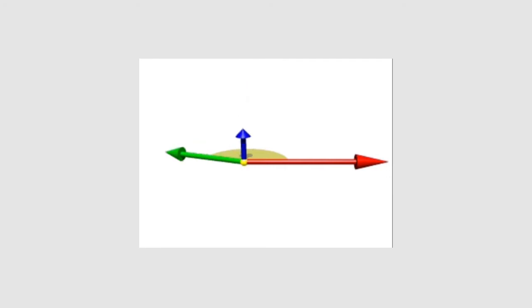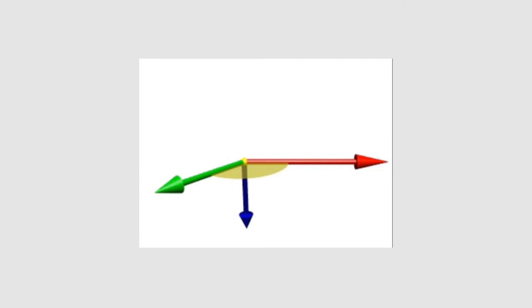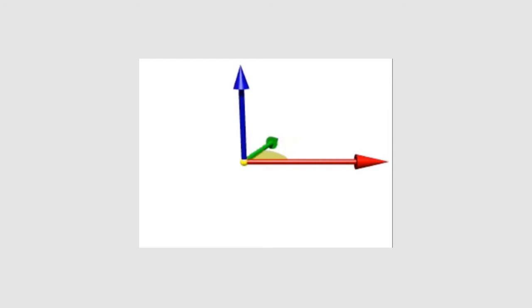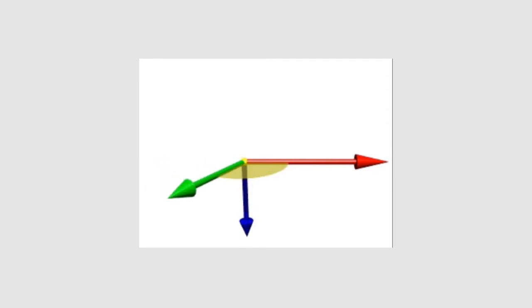There is a lot of information that the cross product, the blue vector, gives us. For instance, we can see a kind of rotation here, and the cross product actually gives us the axis of the rotation. Another piece of information is that depending on the length of the cross product, we can tell how perpendicular, how orthogonal the two vectors are.